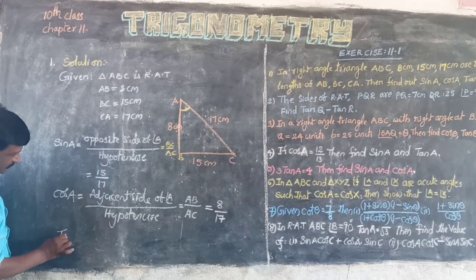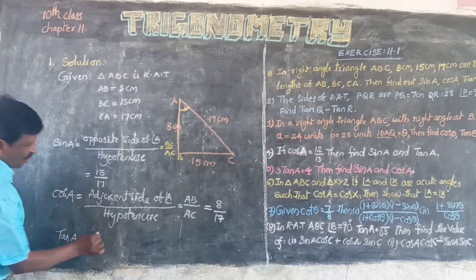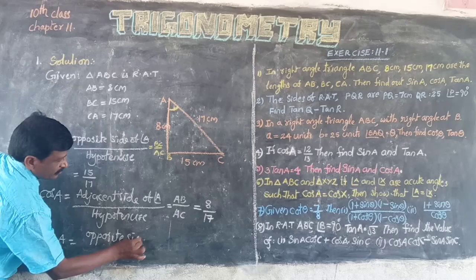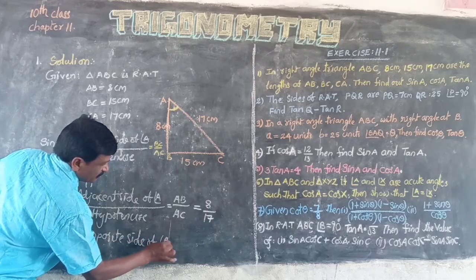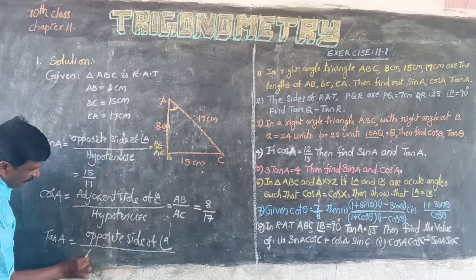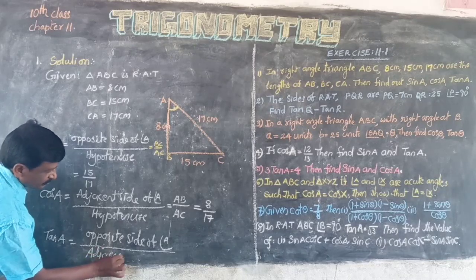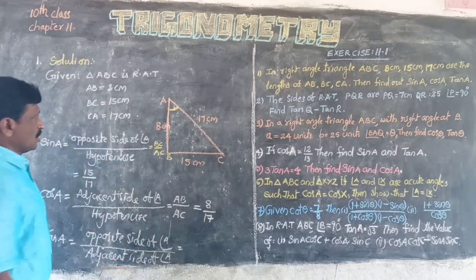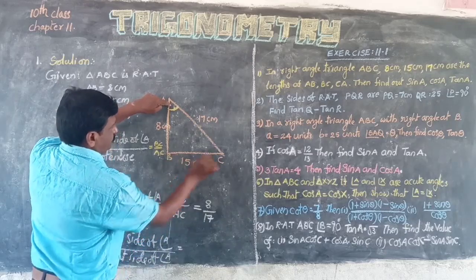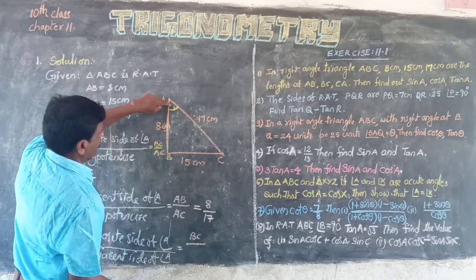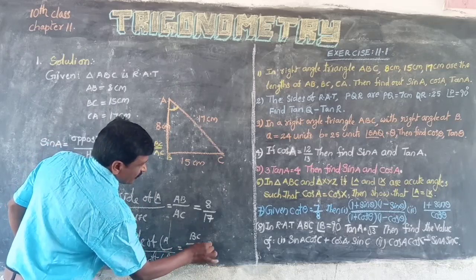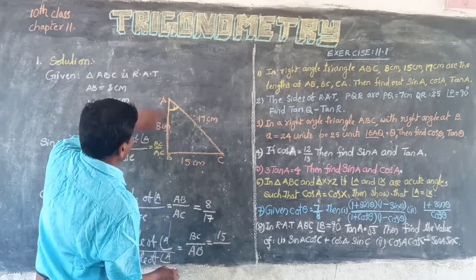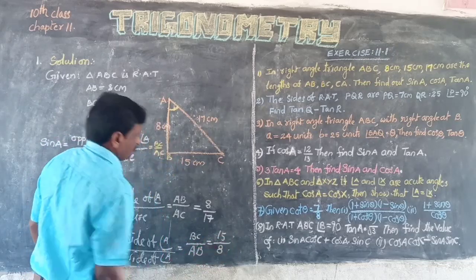Next, tan A is equal to the opposite side of angle A by the adjacent side of angle A, that is, opposite side BC by adjacent side AB, BC 15 by AB 8 centimeters.